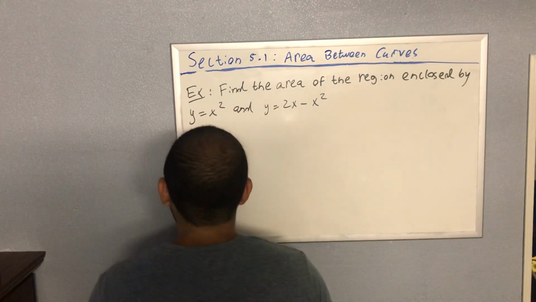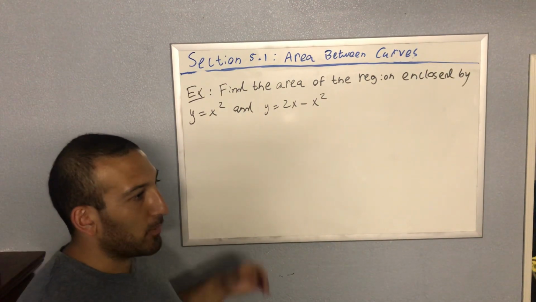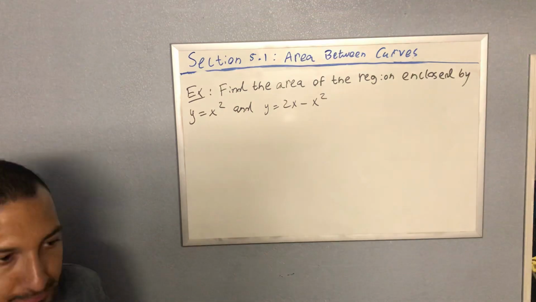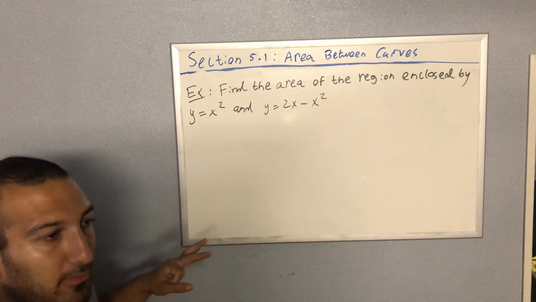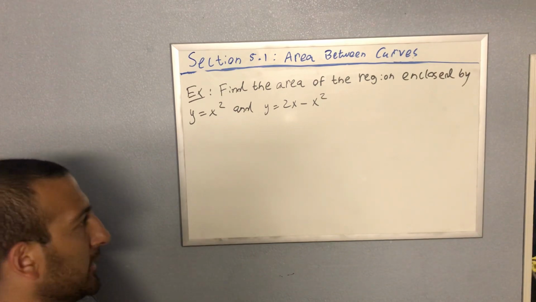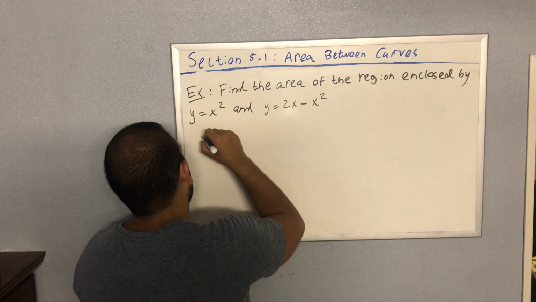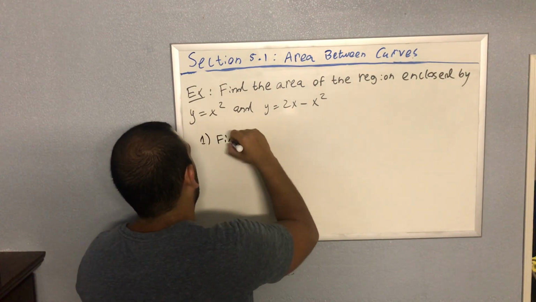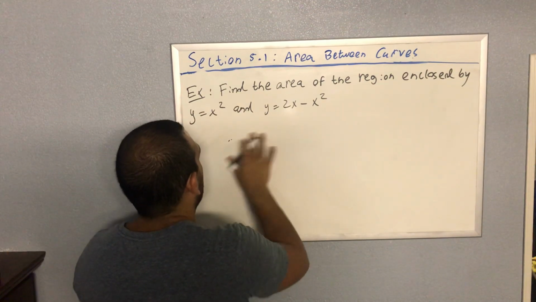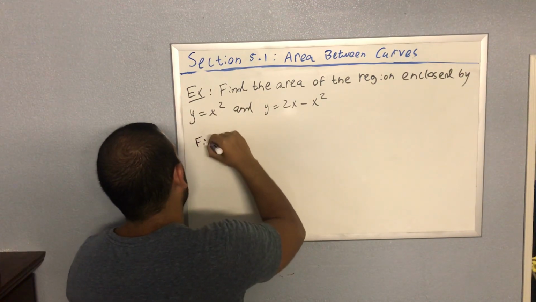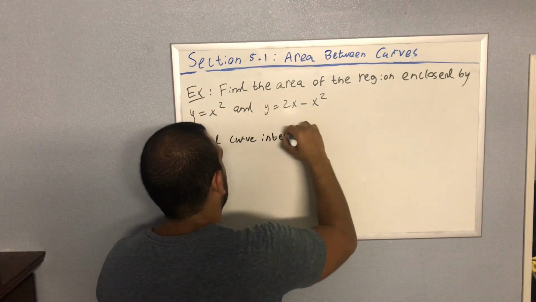Okay, the key to doing these problems is step 1 is to find where these curves intersect, because if you can find that, those will be the points that close off your region. So we need to find the curve intersection points.